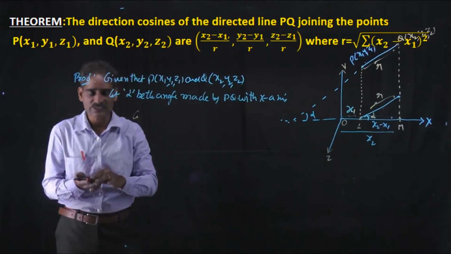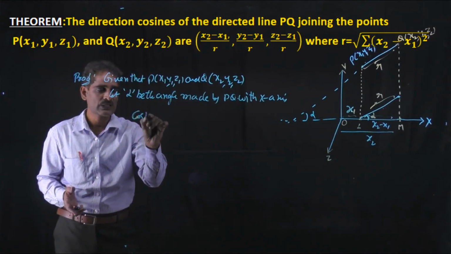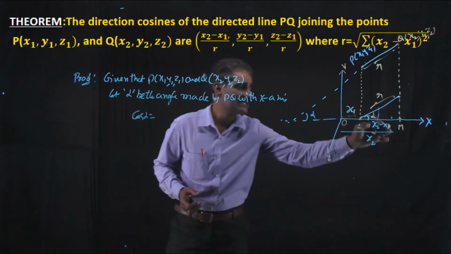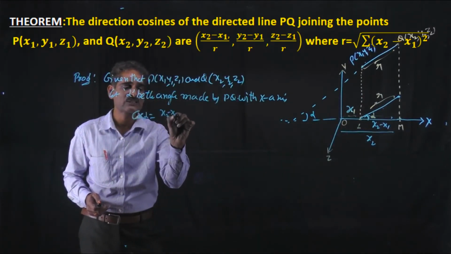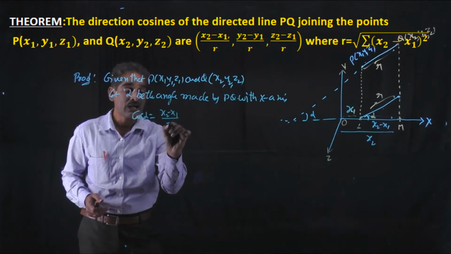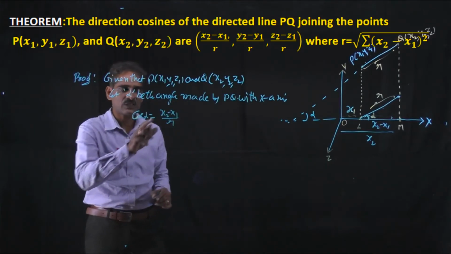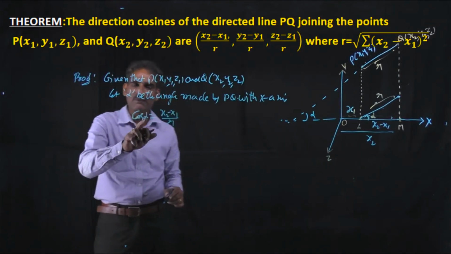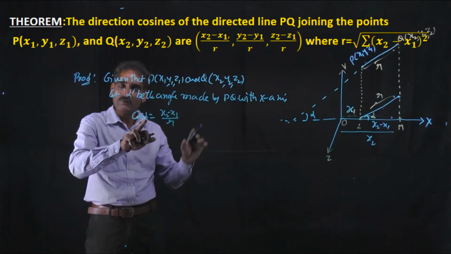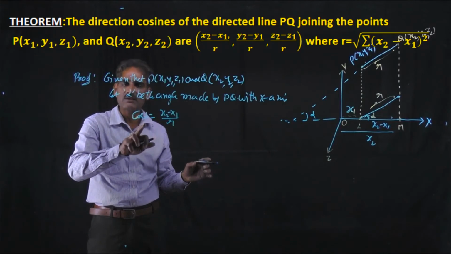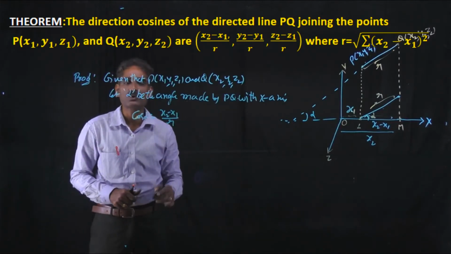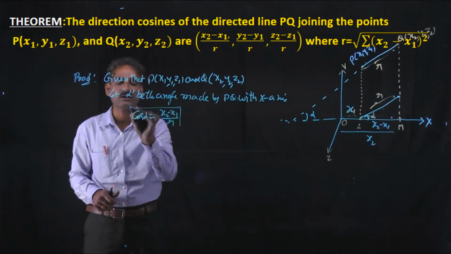Cos alpha is equal to adjacent side by hypotenuse, that means x2 minus x1 by r. So cos alpha is equal to x2 minus x1 by r. Alpha is the angle made by the line PQ with the x-axis. Therefore, this is the DC.